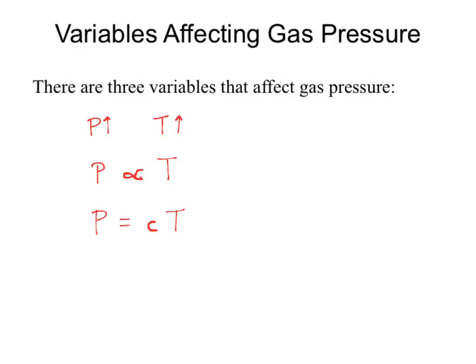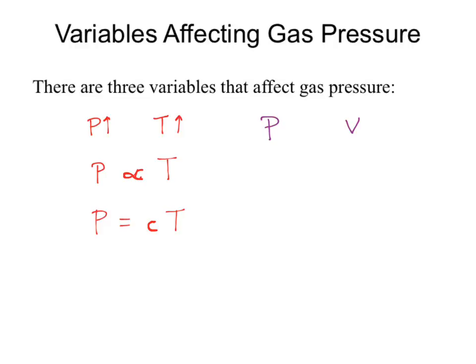What else did we say pressure was related to? Pressure is related to volume. How are pressure and volume related? If we blow up a balloon, it's going to take up some volume. What happens if I now compress the volume, shrink the volume of that balloon? What happens to the pressure of the gas inside?